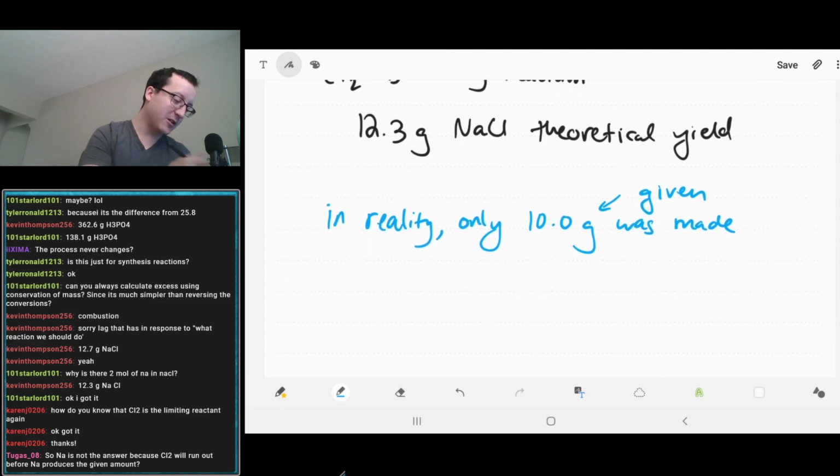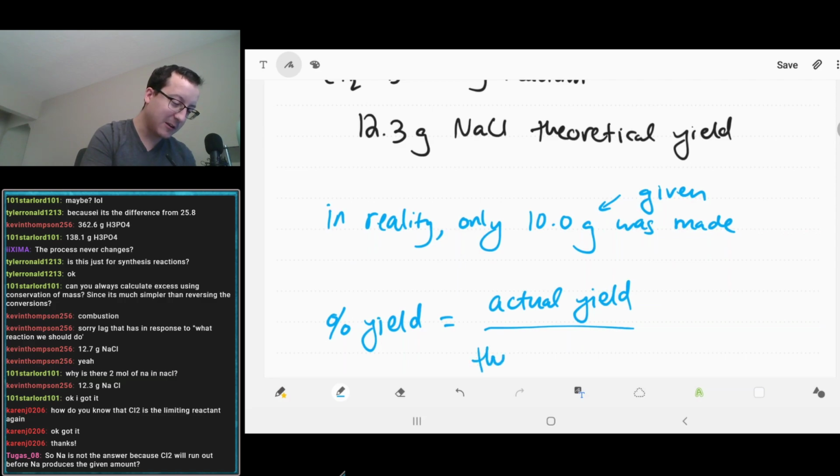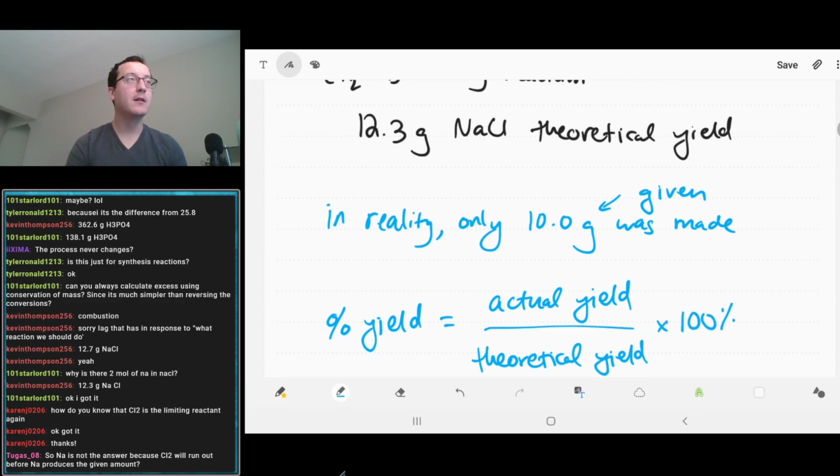We have a term called the percent yield of a reaction. And that's going to be the actual yield over the theoretical yield times 100%.